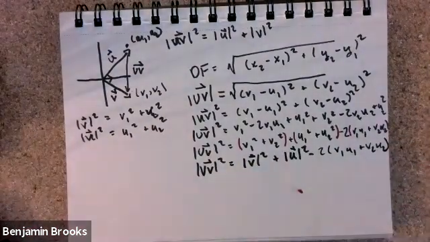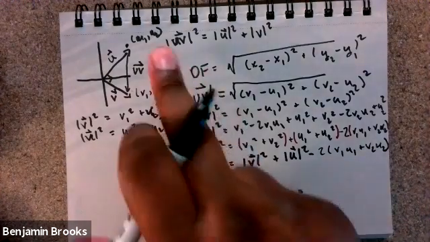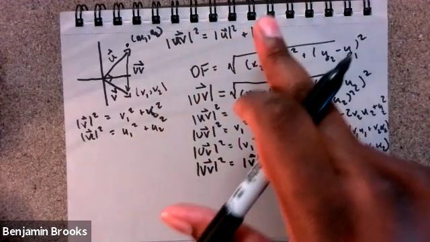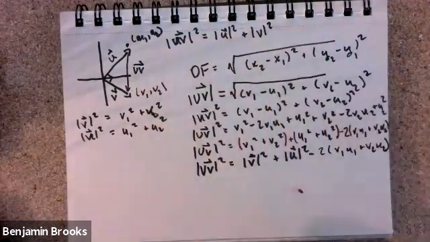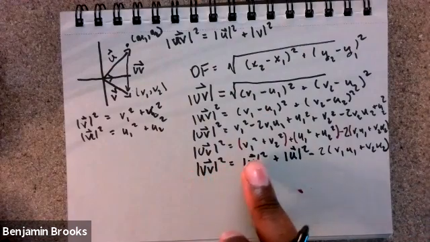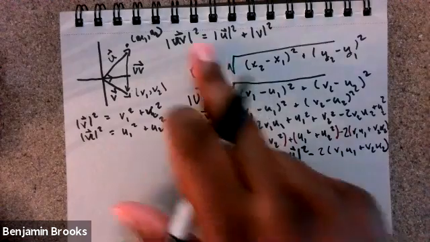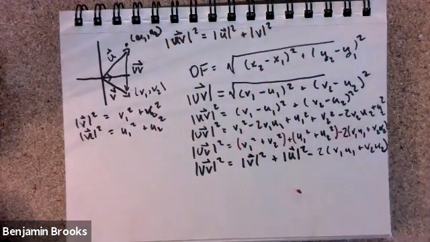Now comes the fun part. Notice, we already had by the Pythagorean theorem that the magnitude of UV squared was already just the magnitude of u squared plus the magnitude of v squared. So let's take this and replace it with this up here.